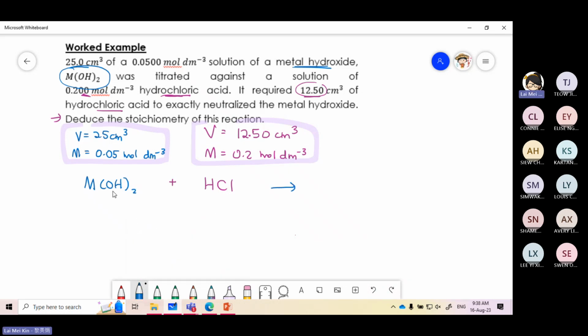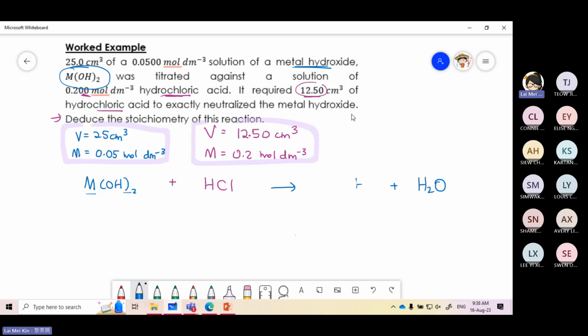I have hydroxide, your alkali, plus acid, giving metal salt plus water. Very good. Can I ask you one step further? What do you think is the formula of the metal salt formed, using what you have learned? Very good. So how do you know it's MCl2?